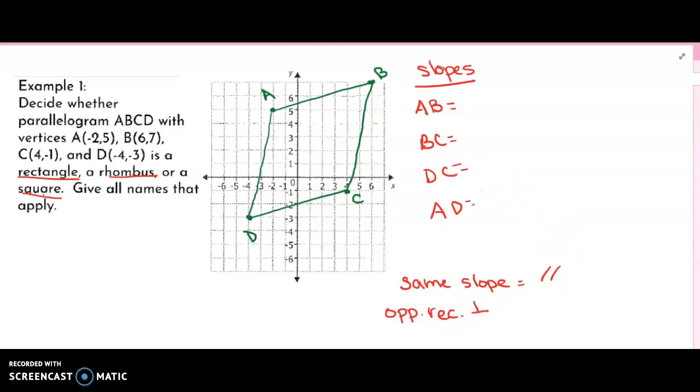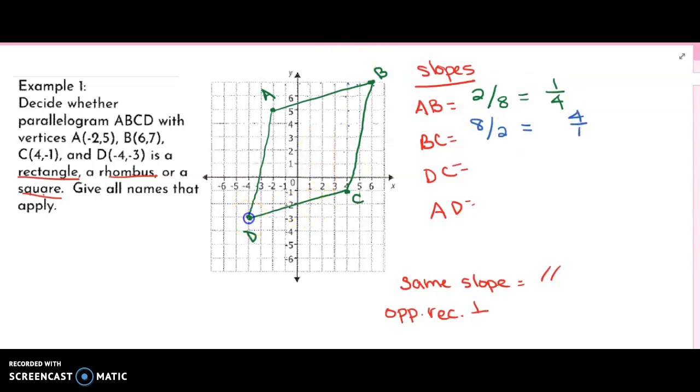Okay, so AB goes up 1, 2, right 1, 2, 3, 4, 5, 6, 7, 8. So the slope of AB is 2 over 8, which reduces to 1/4. Okay, so BC, I'm going up 1, 2, 3, 4, 5, 6, 7, 8, right 2, so 8 over 2, which gives me a slope of 4 over 1.